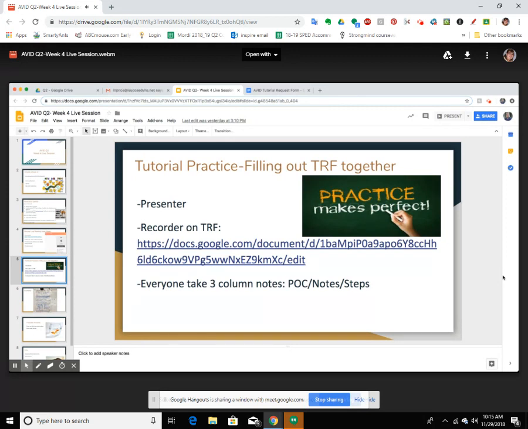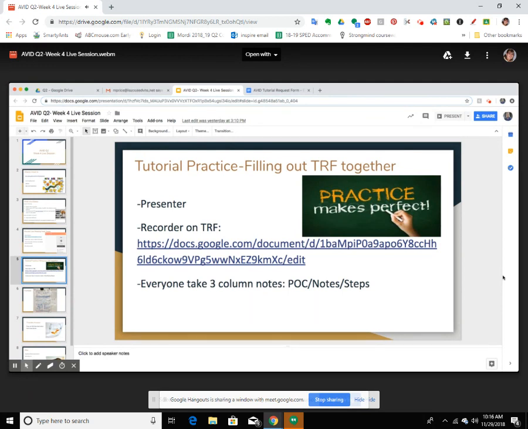When you're doing a tutorial, you always have a presenter, and that's the person that is going over their TRF that is filled out previously. Then you have someone that is recording, and then everybody is asking questions to the one presenter, trying to come up with it. And everyone is taking notes.